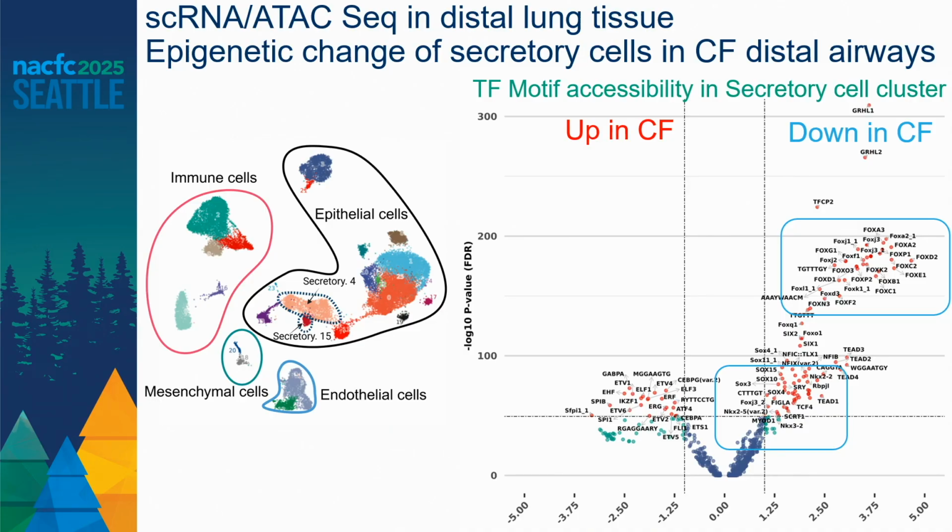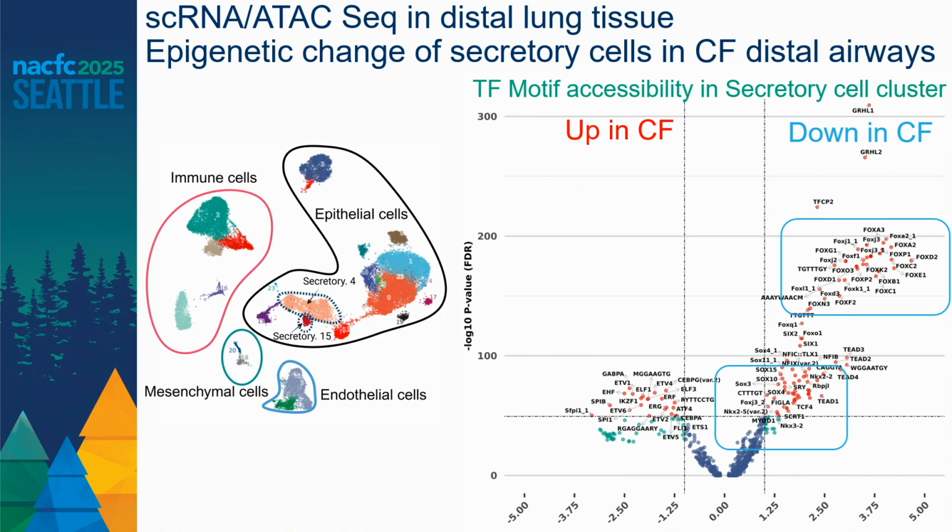Fox family and NKX families, which are needed for the characterization of distal small airway epithelial cell features, those transcription factor activities are downregulated in these secretory cell types.